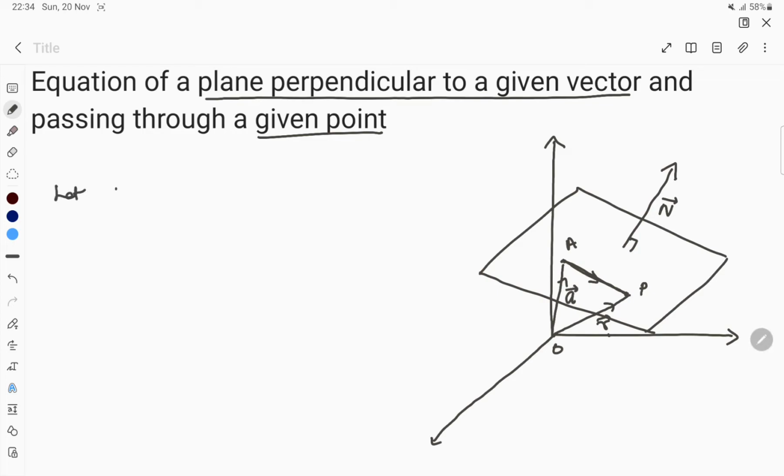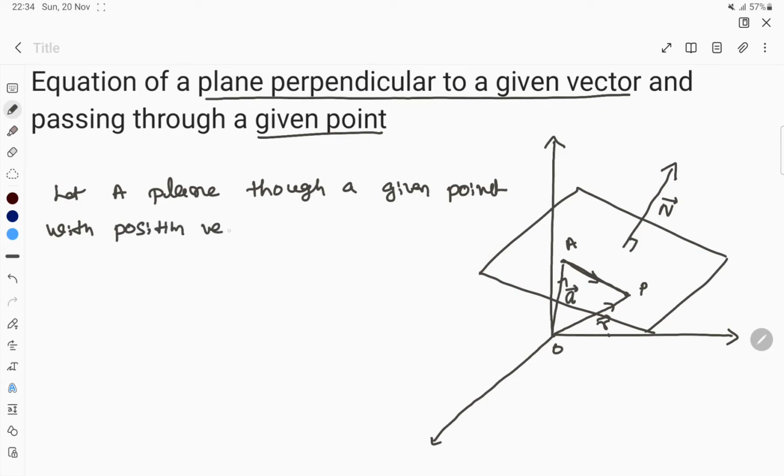Let a plane pass through a given point, where A is the given point with position vector A, right, and be perpendicular to vector n.